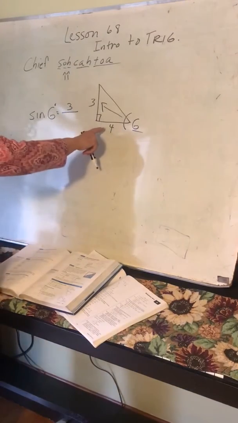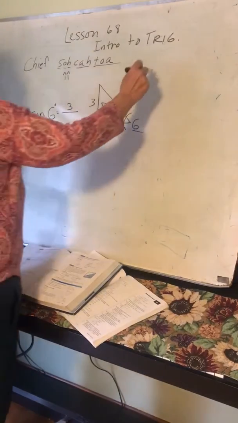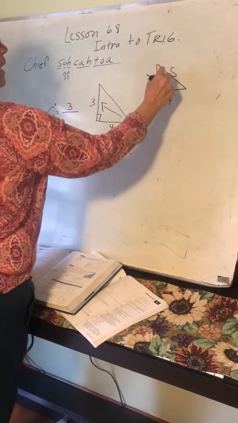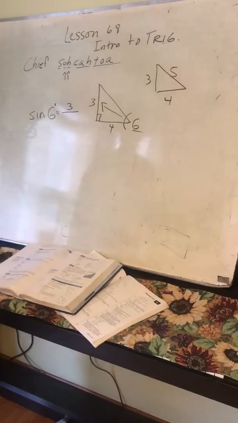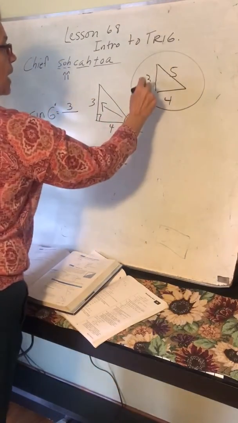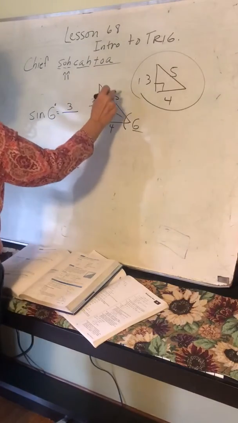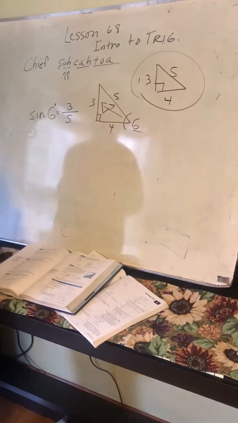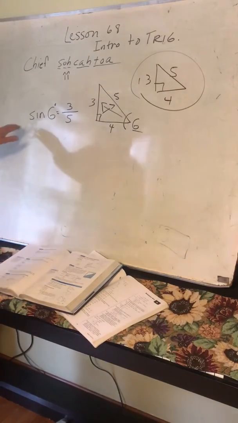We know that this is a 3, 4, 5 triangle, don't we? That's a standard right triangle, so the hypotenuse is 5. That is how you would compute it here.